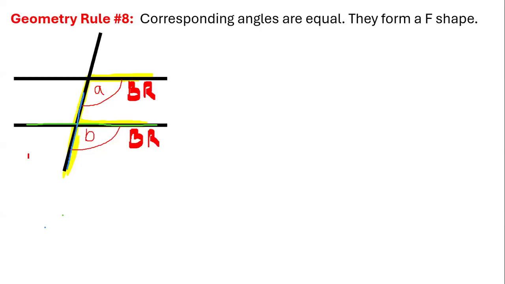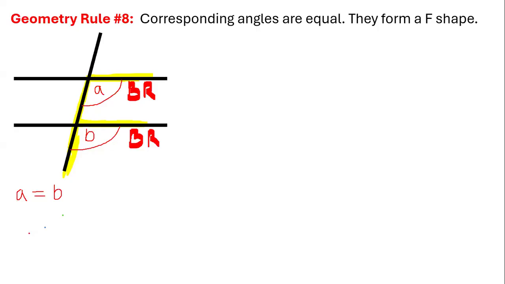Now, what do we know about corresponding angles? Do we see the F? Does everyone see the F shape before I move on? Do y'all see the F? Yes. Good. So that means that A is equal to what? To B. Right?